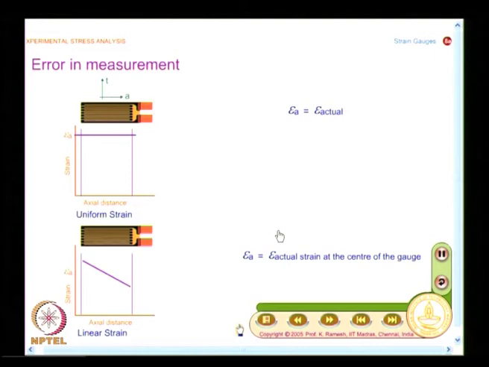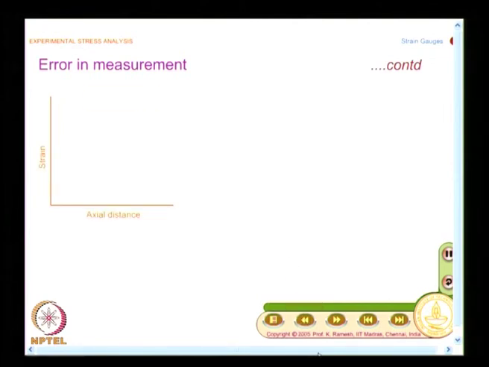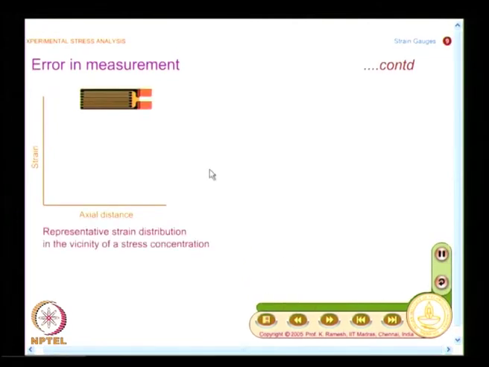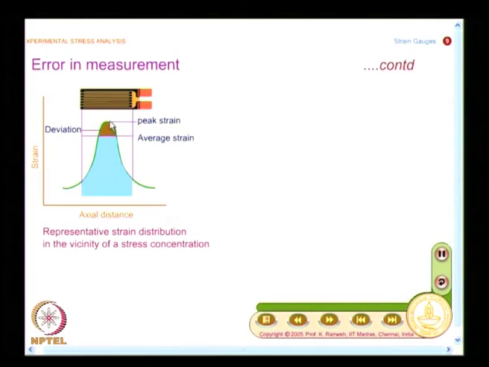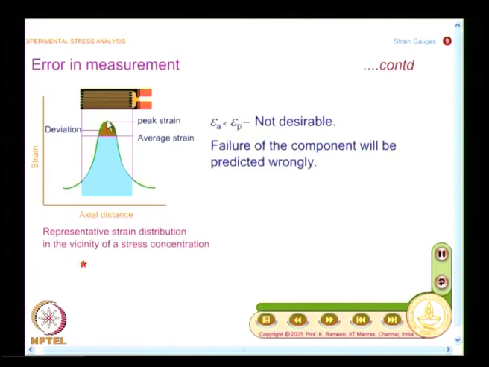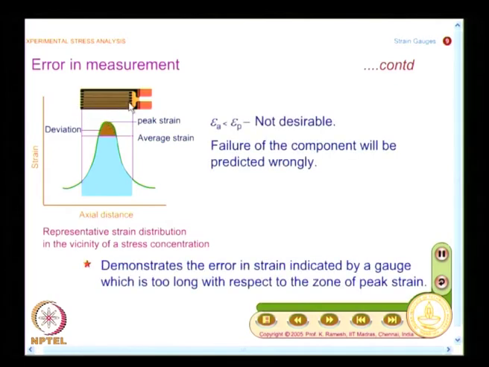Suppose I have a nonlinear variation which happens in a stress concentration zone, then I have to be very careful. Suppose I have a very sharp change in the strain magnitude, my peak strain is this much, but the strain gauge will measure only an average strain which is much below the peak strain.